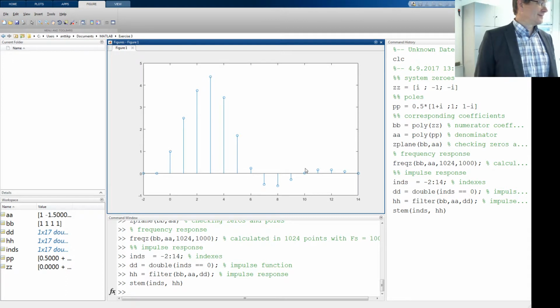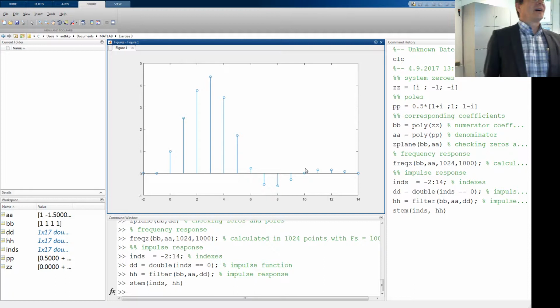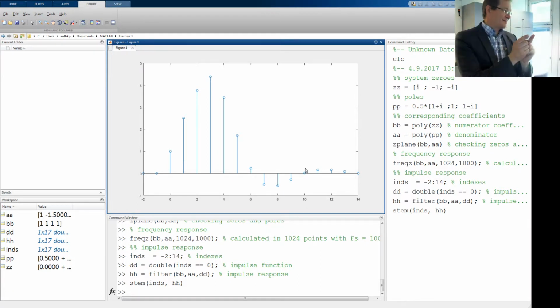What do you think? Does it stop at the 14th point? Yeah, it seems that it stops. But you don't need to look that far. There's a trick. If it's an FIR system, you take a look at how long the system parameter vectors are, and you basically define the order number from that.